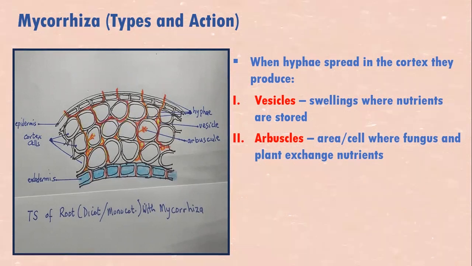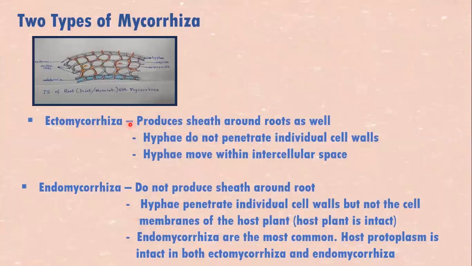It makes plants flourish. Now, there are two types of mycorrhiza. There is ectomycorrhiza and endomycorrhiza.